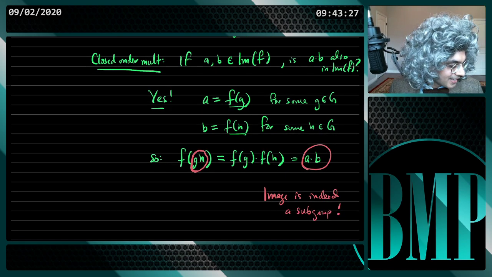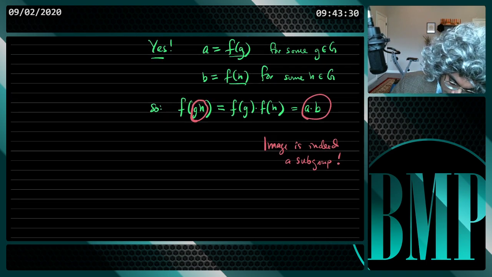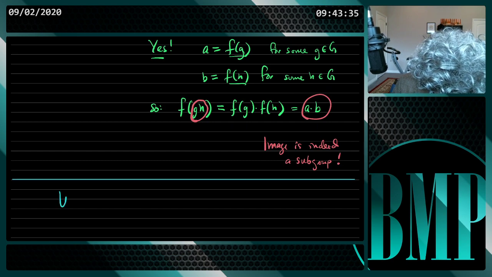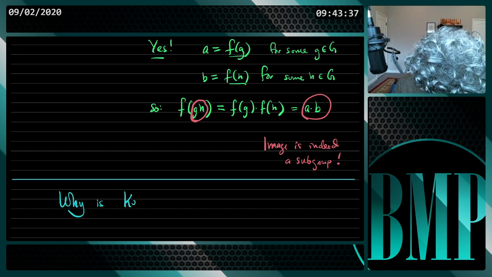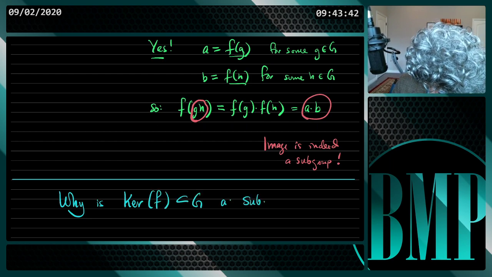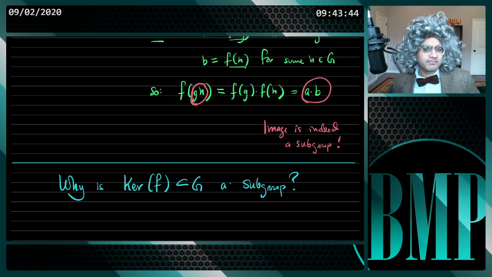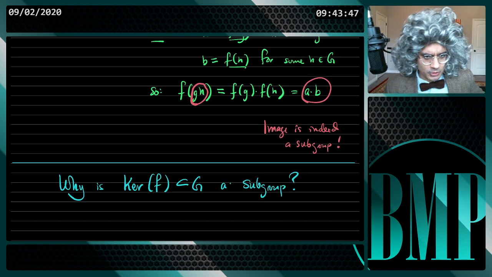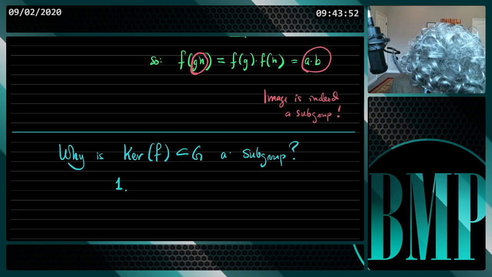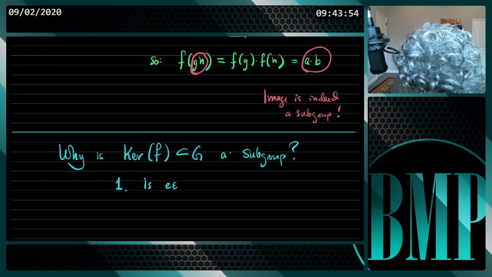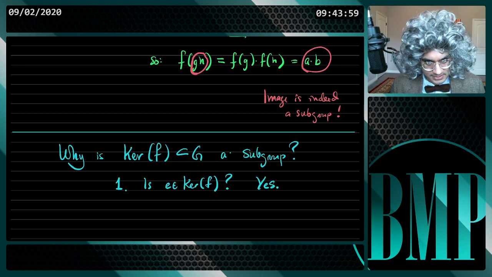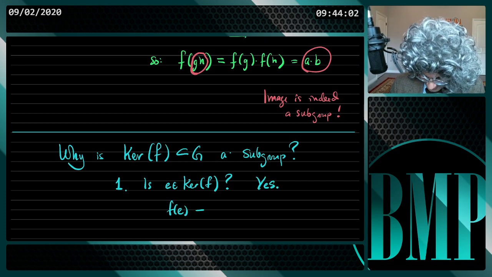Awesome. Okay. So kernel. Next, why is the kernel a subgroup of the domain group? Okay. Question number 1. Is the identity element in the kernel? Yes. Because f of e is e prime.